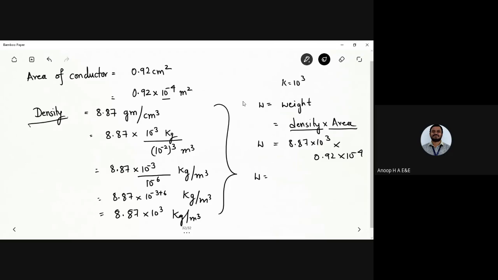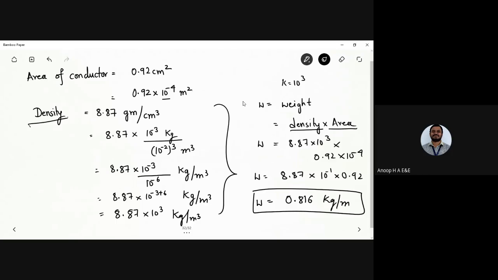So the weight would be 8.87 into 10 power minus 1 into 0.92, which is 0.816 kg per meter. Analyze this equation properly, as this is the basics, and it will be easy to understand how we get the required clearance after finding the sag.